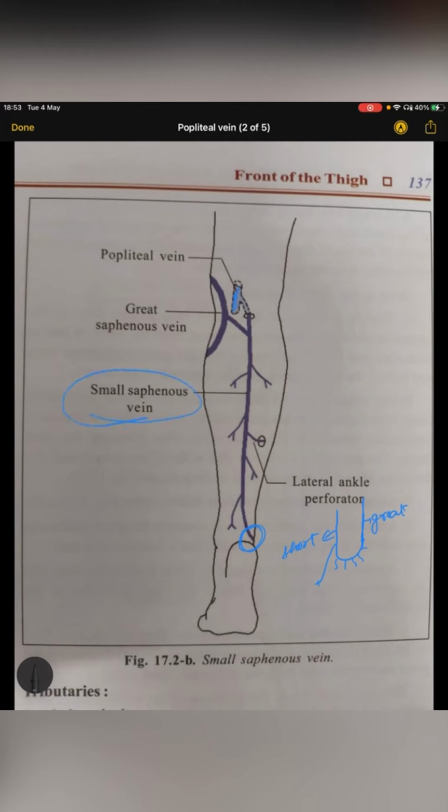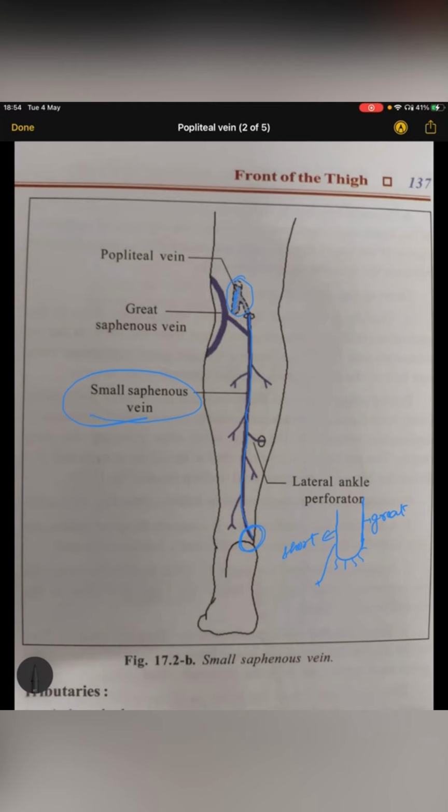This goes along the posterior aspect. So this will ascend behind the lateral malleolus and then goes up and ultimately drains into the popliteal vein after piercing the deep fascia, and then goes along the two heads of the gastrocnemius and then finally drains into our popliteal vein.